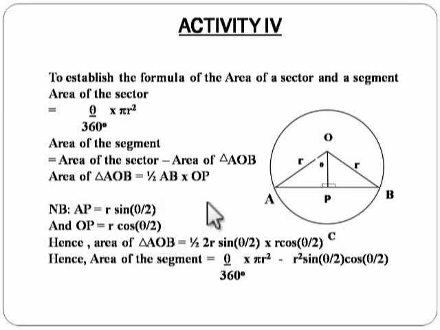You can do that by, normally when we say sine, what do we say? We say opposite over hypotenuse. What about cos? Adjacent over what? Good. So that's the strategy we are using.